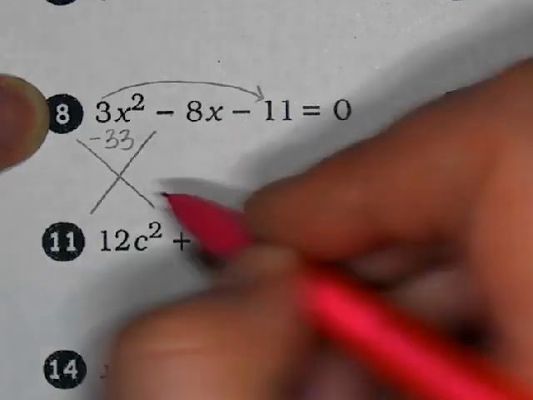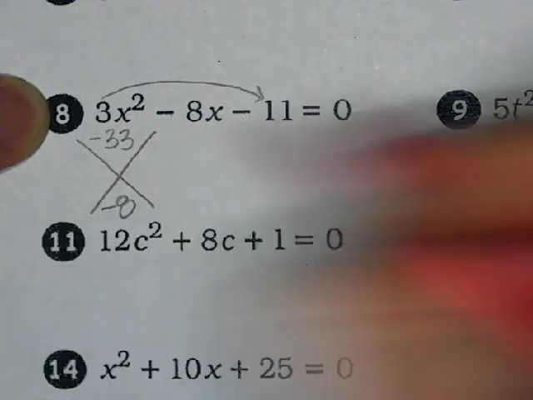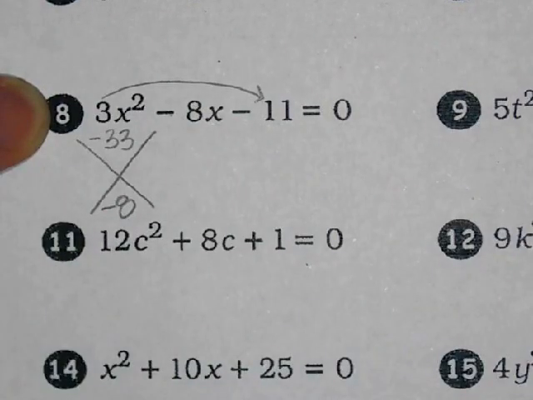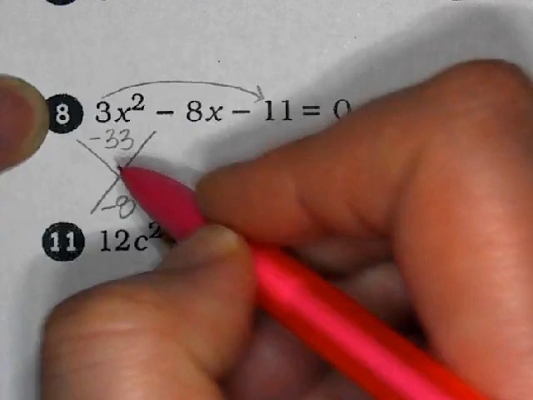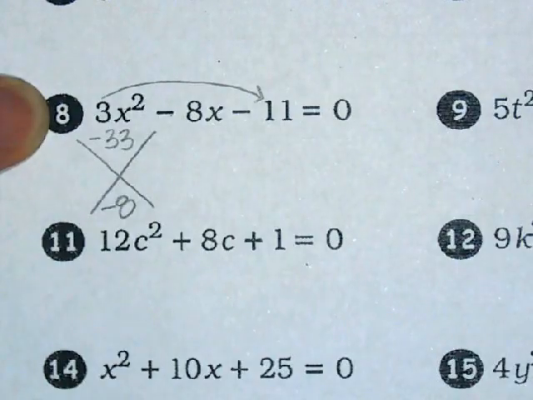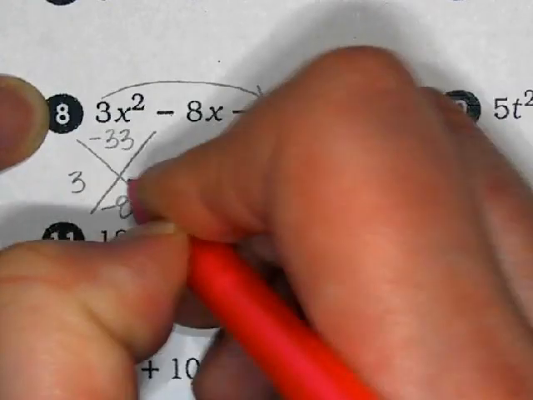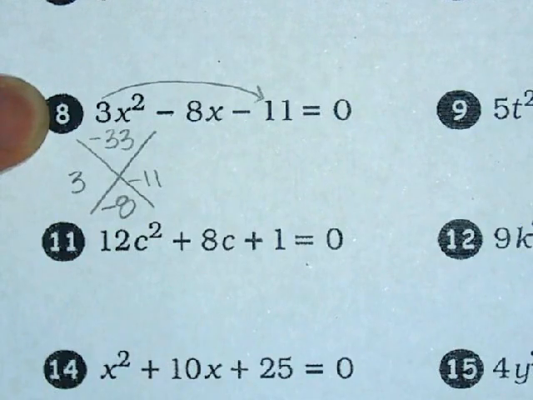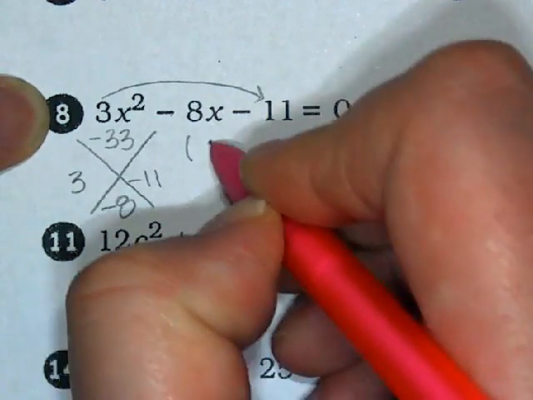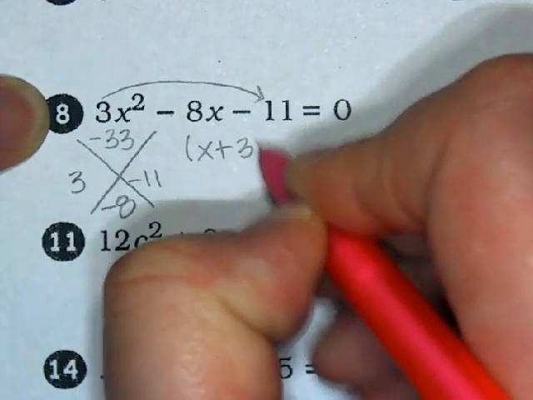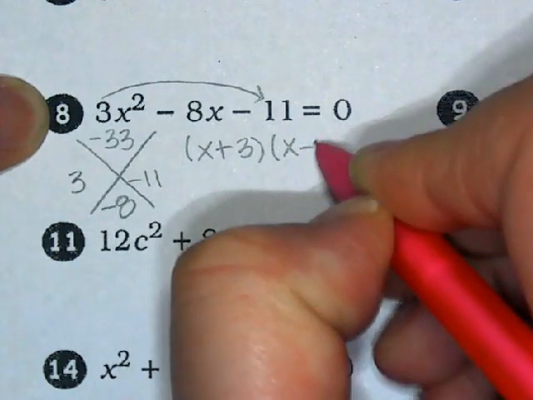I don't think so. I think it's just 3 times 11. So we're multiplying to negative 33 and adding to negative 8. And what are the numbers? 3 and negative 11. Okay, so in the parentheses, x plus 3, x minus 11.